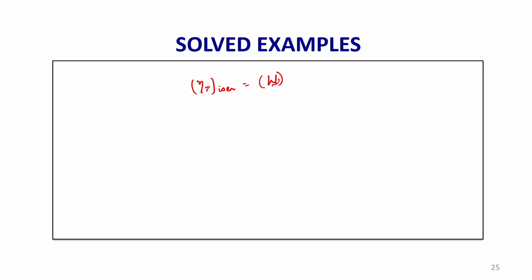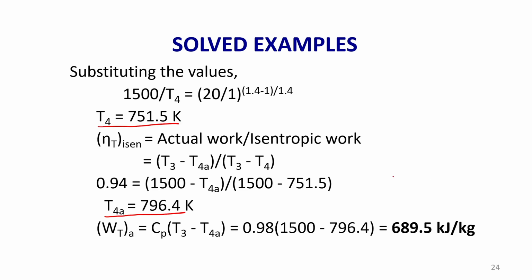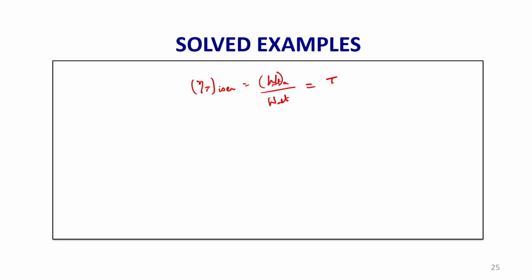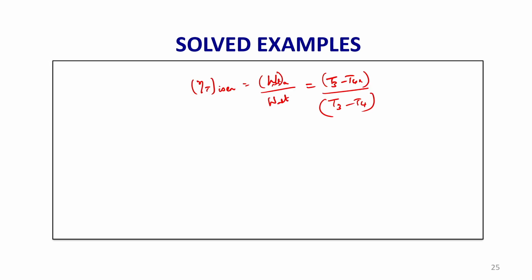So, W net actual divided by W net isentropic is equal to T3 minus T4A, this is the actual expansion, divided by T3 minus T4, this is the ideal one. Using this formula you can find T4A.